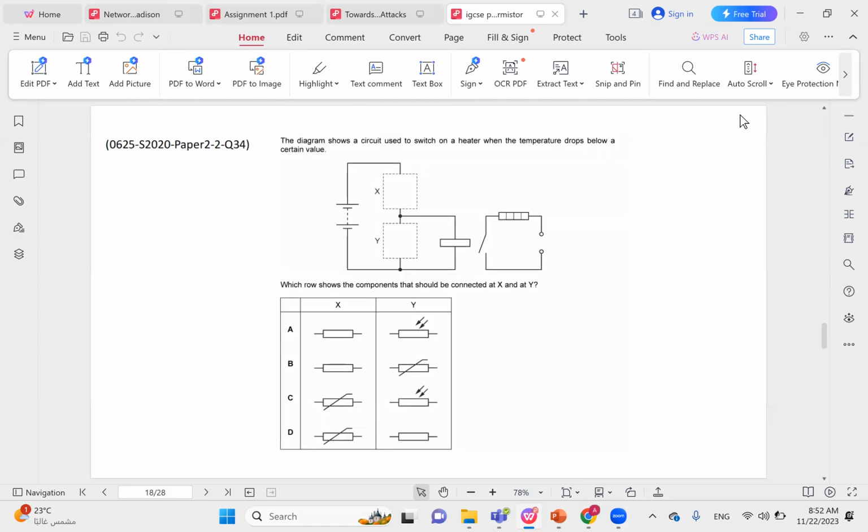The diagram shows a circuit used to switch on a heater when the temperature drops below a certain value. Now, in order for this circuit to work, when the temperature decreases, the heater is switched on. For the heater to switch on, this is what we call a relay.